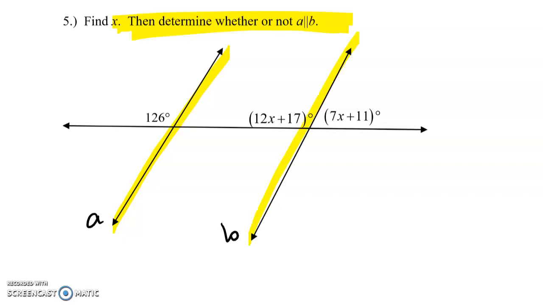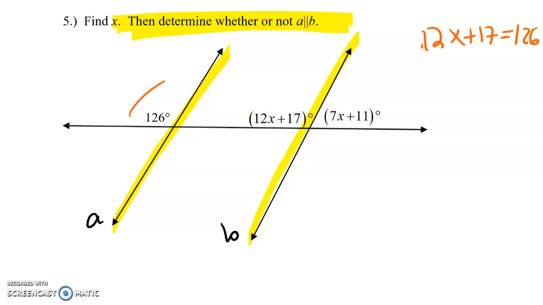So when you're setting up your equation, it's going to be really tempting for some of you to say, well, these two are corresponding, so I could say that 12x plus 17 is equal to 126. You are not allowed to write that, because you do not know that they are parallel. You do not know that you have corresponding angles because we don't know that those lines are parallel.